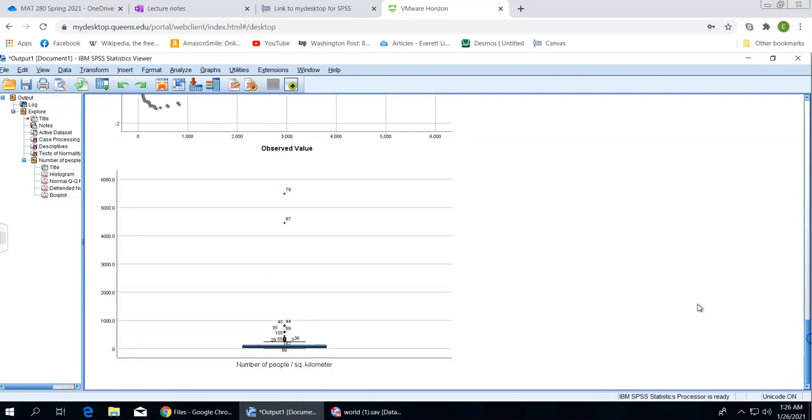If we look at the box plot, you can see that there's a couple of countries, and we could look at what they are. I'm curious now. 87 and 79.